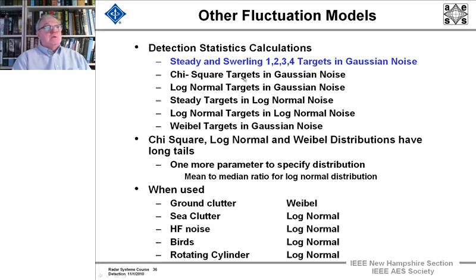The chi-squared targets in Gaussian noise, Heidbreder and Mitchell, I believe at the Aerospace Corporation, calculated. Log normal targets in Gaussian noise, Jerry Trunk calculated, I believe it was steady targets and log normal noise. Log normal targets and log normal noise, I did that calculation probably 30 years ago. And Weibull targets and Gaussian noise, I'm sure, has been calculated. But there are a plethora of those receiver operating curves.